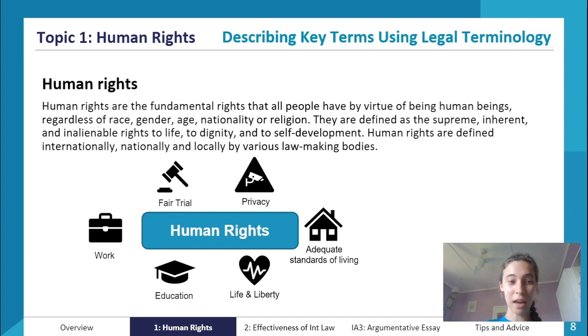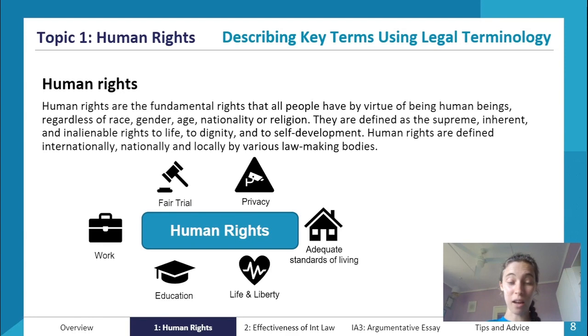You don't want to just say human rights are the rights that all people have by virtue of being human beings. Things like the supreme, inherent, and inalienable rights. Having all that legal terminology is definitely important to make it a bit more sophisticated.